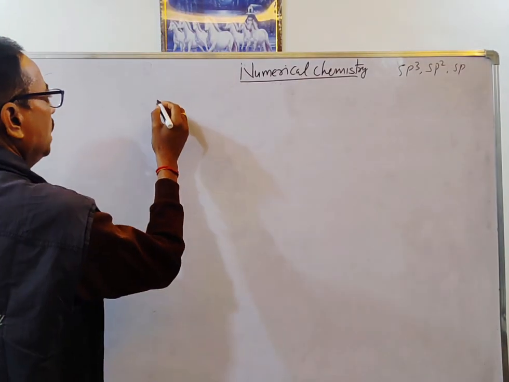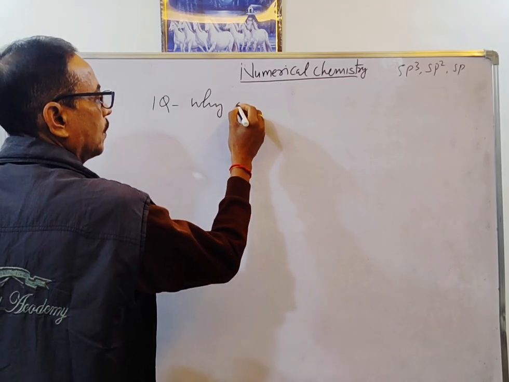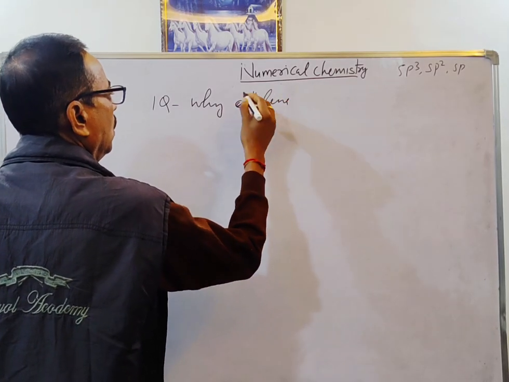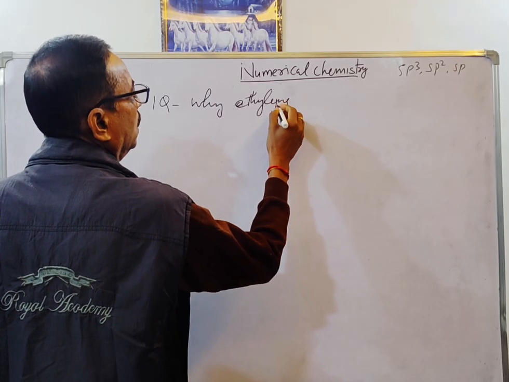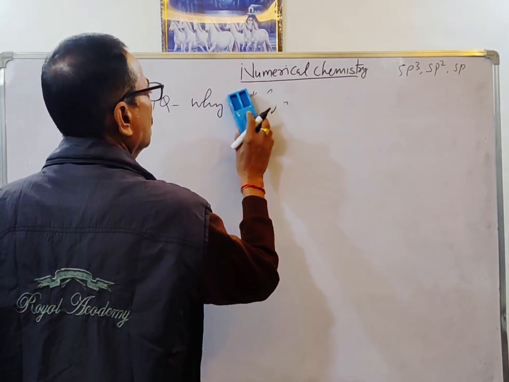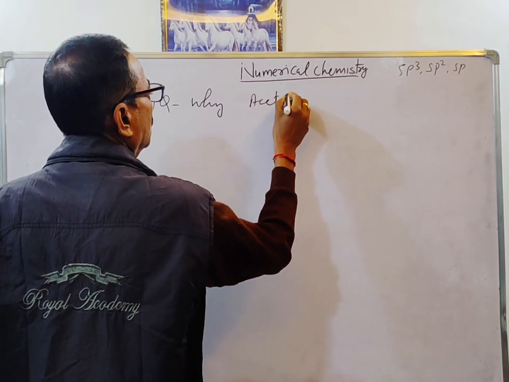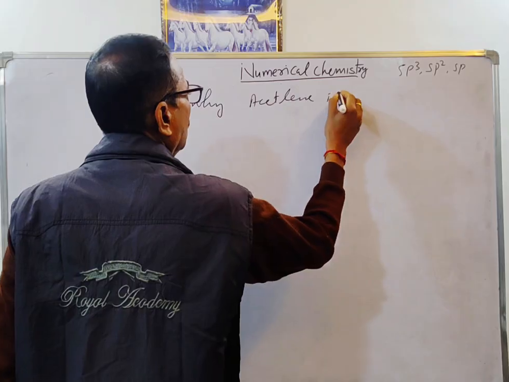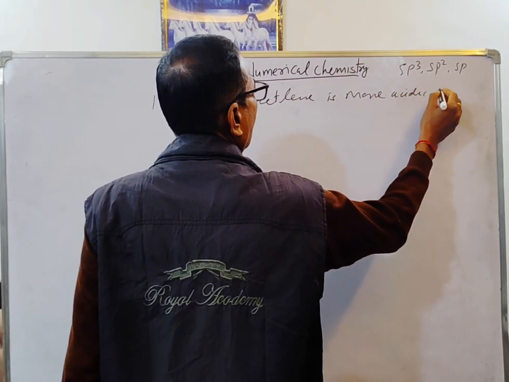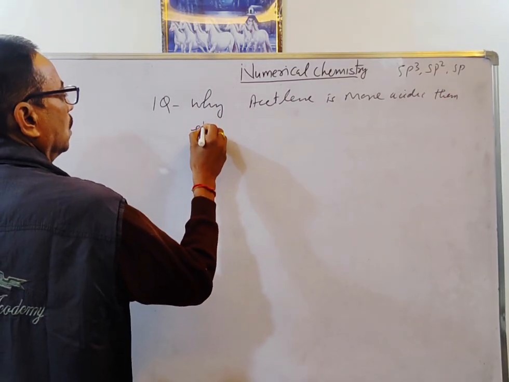One question commonly asked: why is acetylene more acidic than ethene?